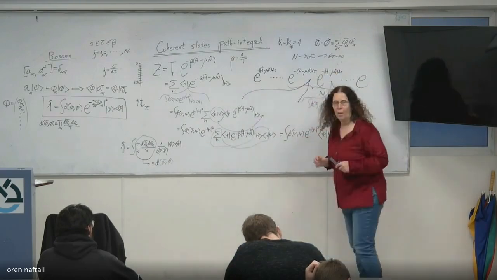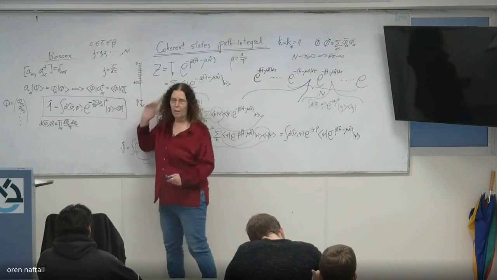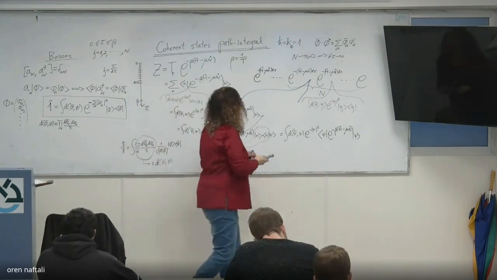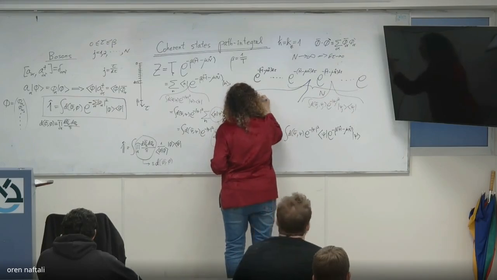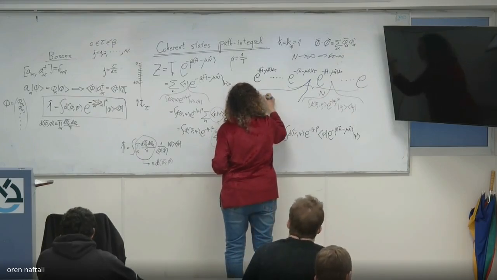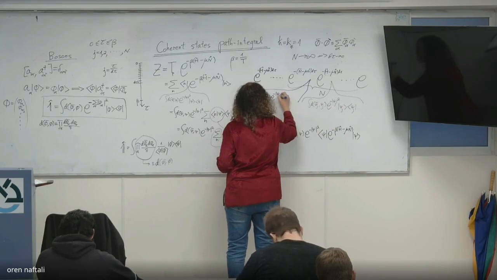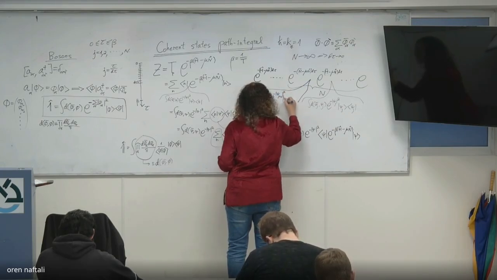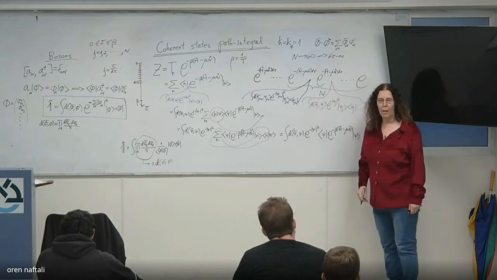This is the jth term. j is somewhere in between 1 and n. And this resolution of identity has exactly the same form, but now the index is j plus 1: e to the minus psi j plus 1 squared, and psi j plus 1. Okay, this is what I get.